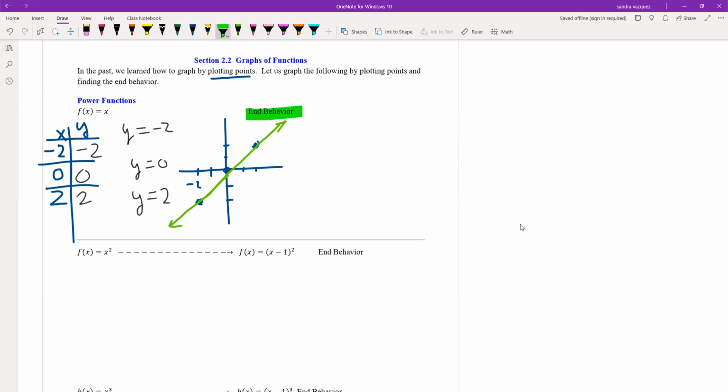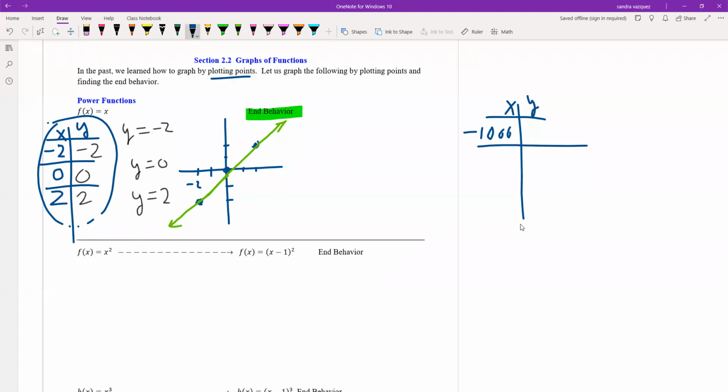Okay, now I'm going to discuss what I want with the graph. Basically, the idea of the end behavior is what happens as I take very large values of x. I only selected a few values right here, which is 3, but you can make your t-table values larger if you want to. For example, what happens as I select -1,000 and plug it into the function? This is also going to be -1,000.